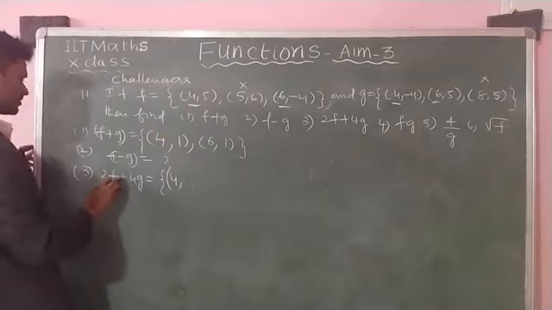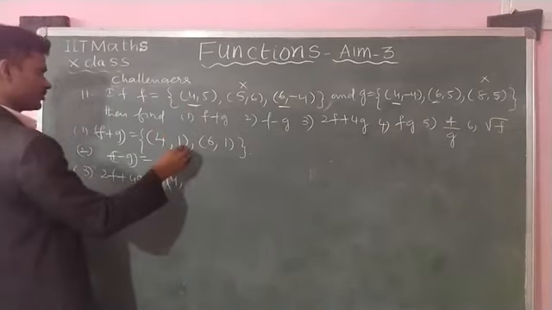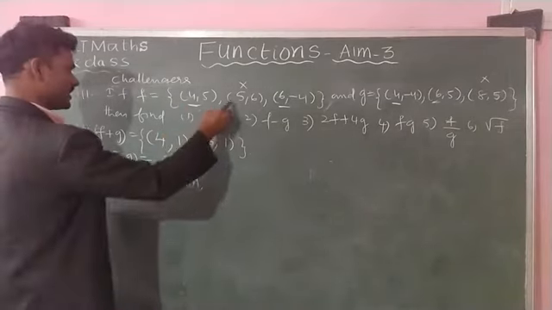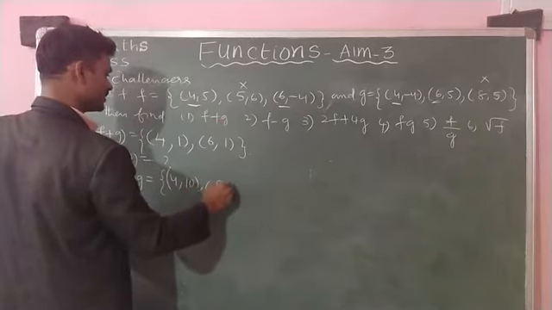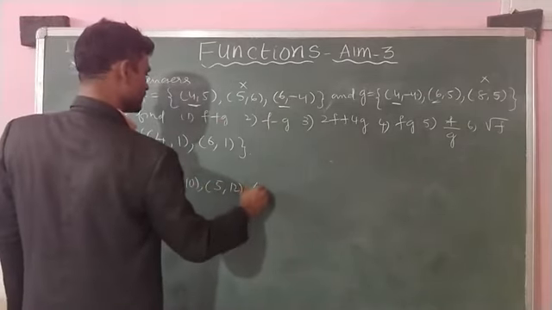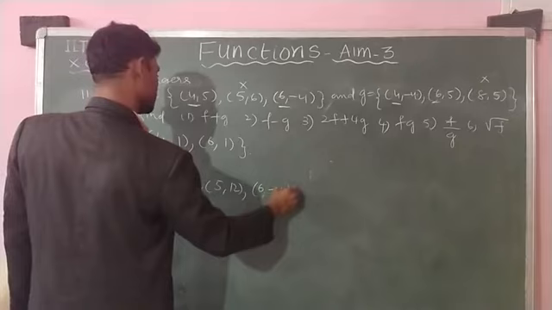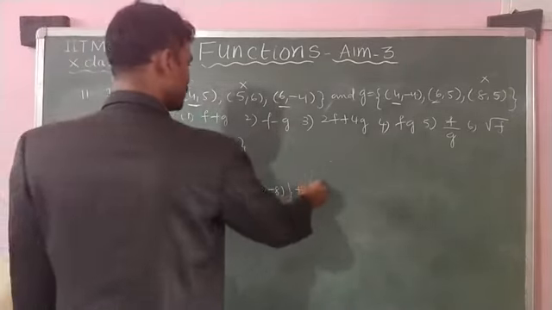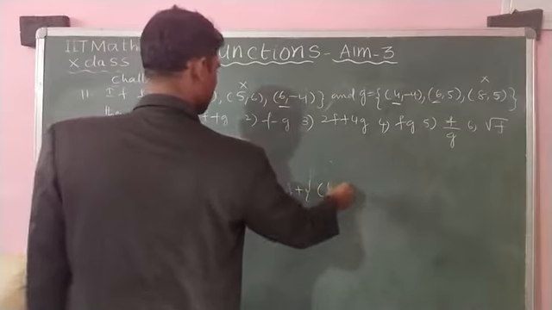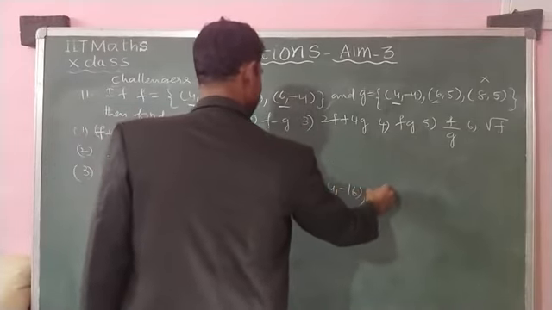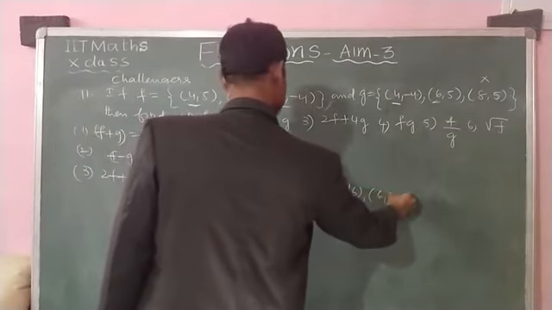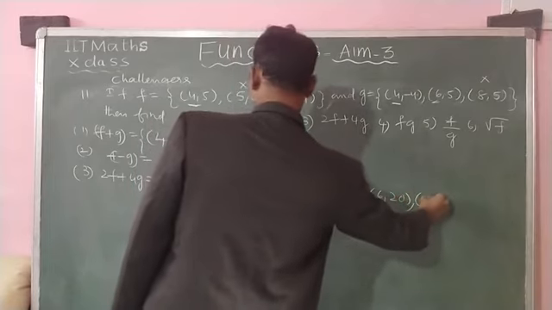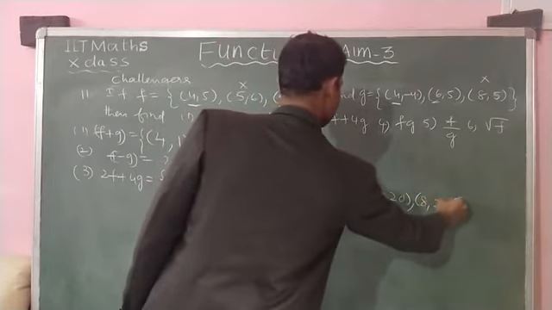First you can write 2f: (4, 2 into 5 is 10), (5, 2 into 6 is 12) and (6, 2 into -4 is -8), plus 4g is equal to the set of ordered pairs (4, 4 into -4 is -16), (6, 4 into 5 is 20) and (8, 4 into 5 is 20).